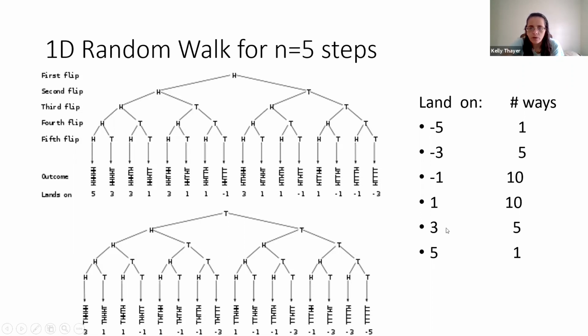From this, we can gain information about what the expected displacement would be. It would be most likely +1 or -1 from the starting point of 0, but it could be -3 or +3 or -5 or +5 with decreasing probabilities.